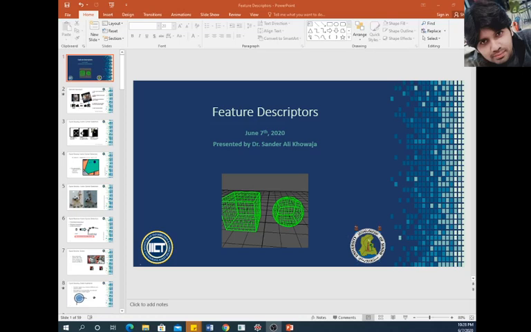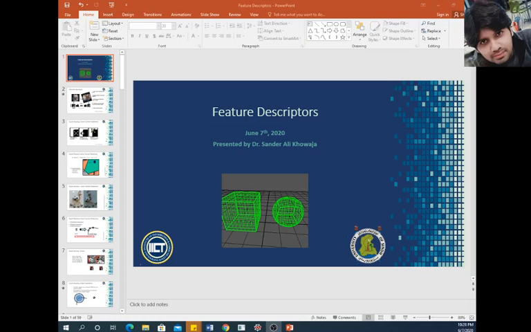So today we are going to talk about feature descriptors, and these feature descriptors are mainly used for image matching, and they can also be used for image stitching, panorama images and all that stuff. The main point, like we discussed in the previous lecture, is that we need to select a patch which is stable and unique, in the sense that it should have a single peak.